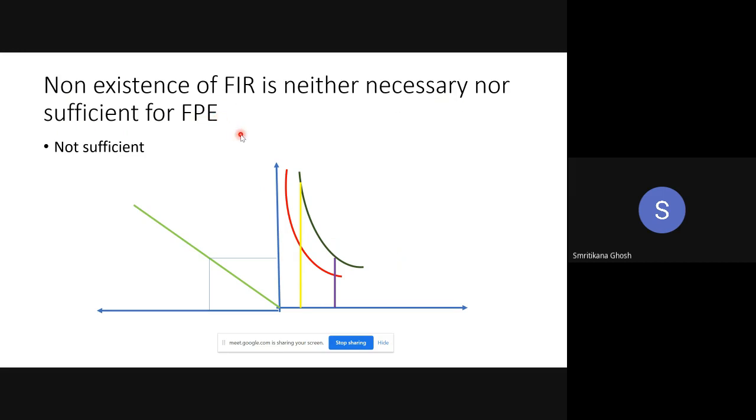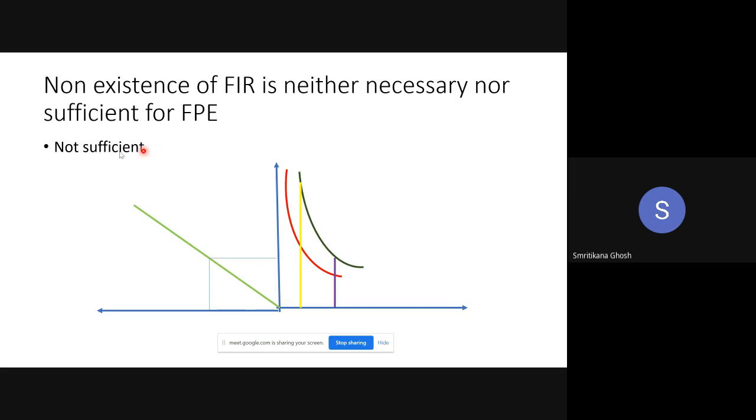That means, to have factor price equalization, factor intensity reversal is not important. Without factor intensity reversal, you may have no factor price equalization. Okay, there is no factor intensity reversal, still there is no factor price equalization. You may have that situation.